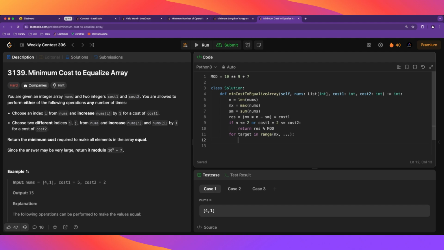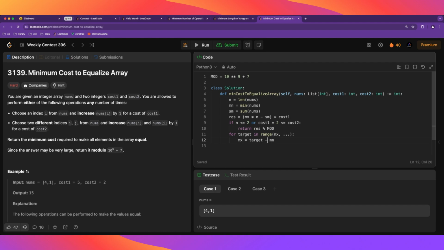But once we know the target, then we know that the maximum, yes, I think here we want the minimum. So the maximum one is going to be the target, the one that needs the most increments, the target minus the minimum, right?